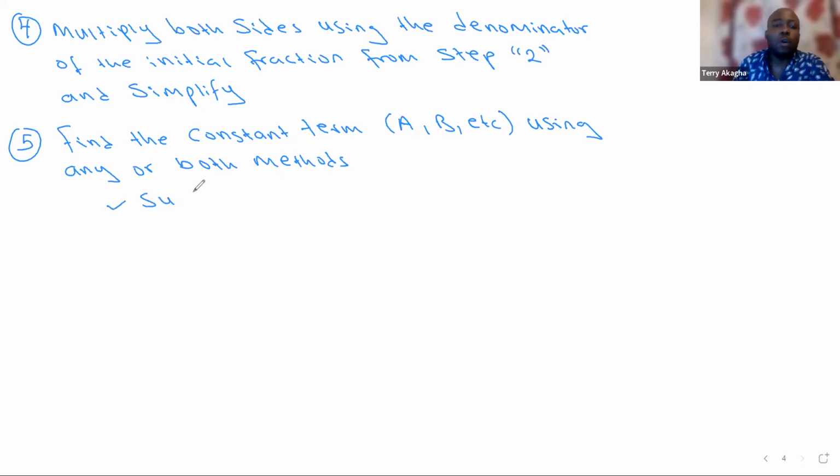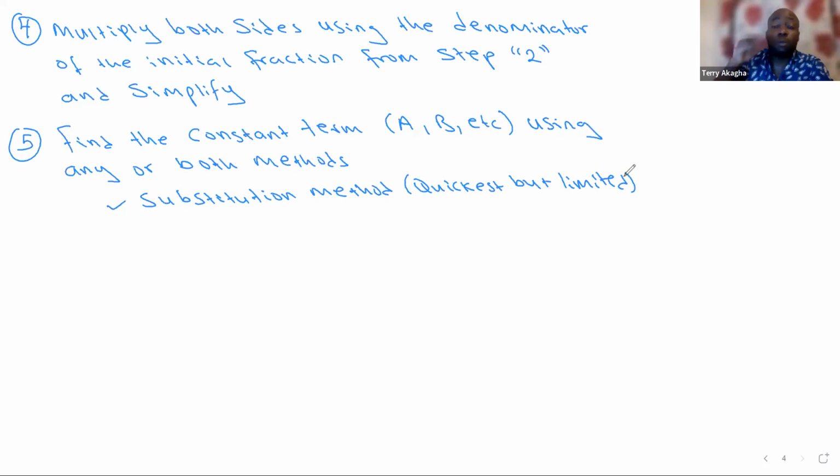The first one is what I call the substitution method. Now, the substitution method is usually the quickest, but it's limited.